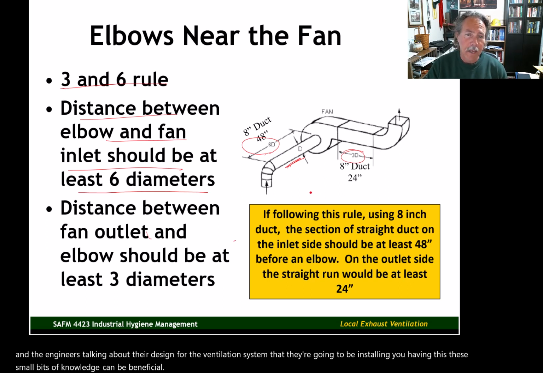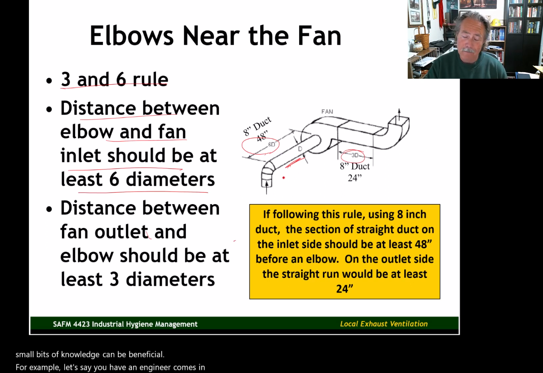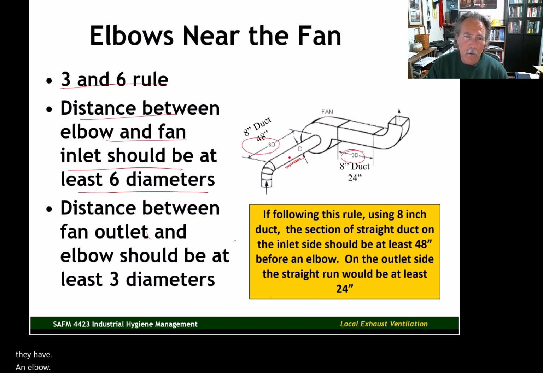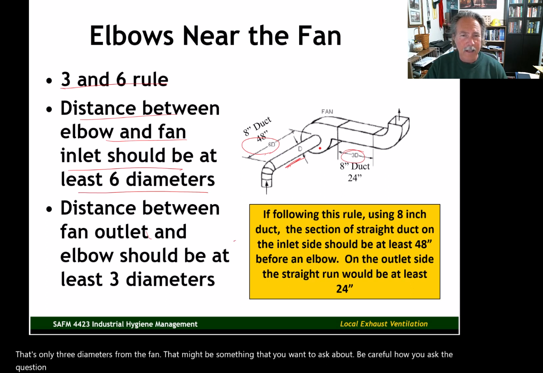For example, let's say an engineer comes in, and engineers aren't above making mistakes. Let's say they have an elbow that's only 3 diameters from the fan. That might be something you want to ask about. Be careful how you ask the question, but you might want to ask, is that enough distance between the elbow and the fan?